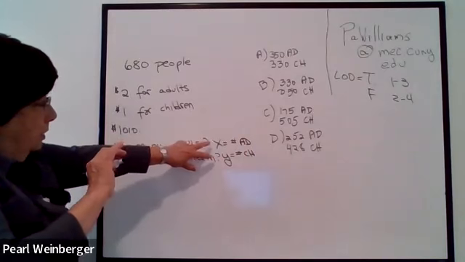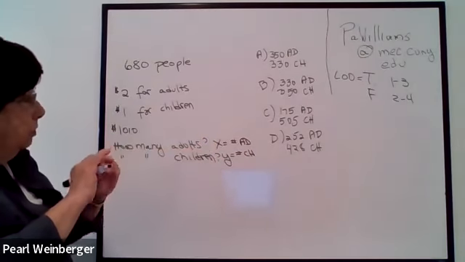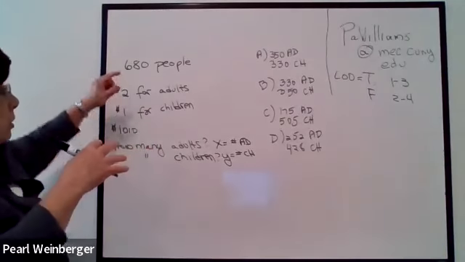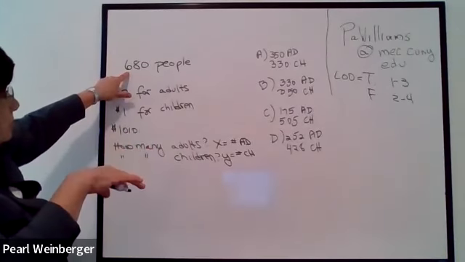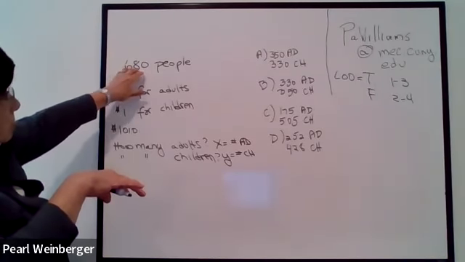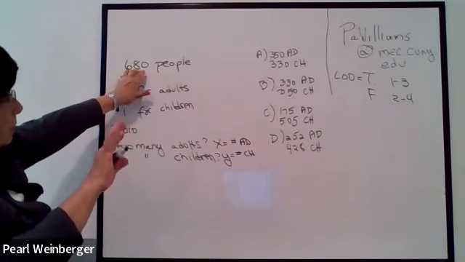Okay. Now, X is how many adults there are, and Y is how many children there are. That together is all the people together. So that's where this 680 has to come into play. The 680 has nothing to do with money. It's just how many there are.